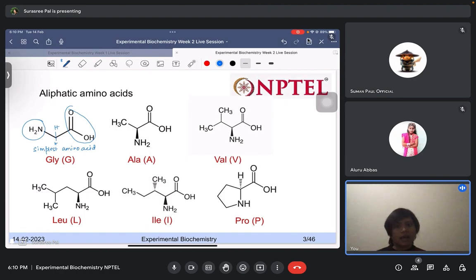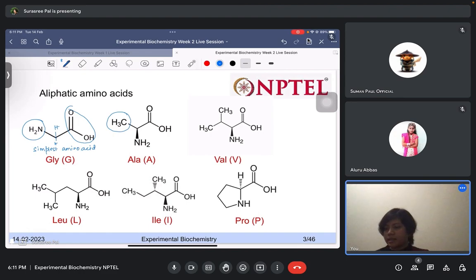Now next, coming to alanine. For alanine, we can see that the side chain is a methyl group. So here the R is a methyl group. Now next, coming to valine. These are all aliphatic amino acids because they have aliphatic groups as their side chains, right? So let's come to valine.